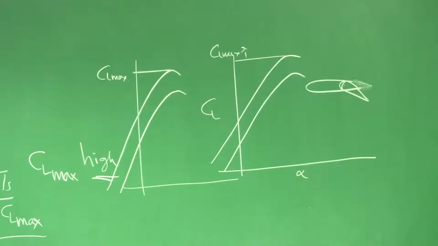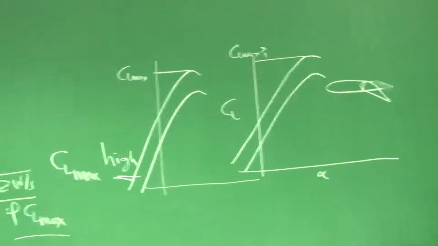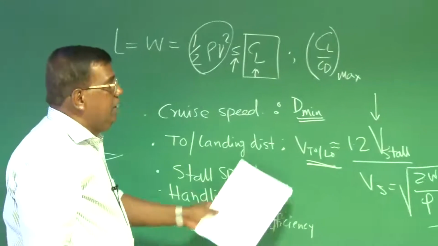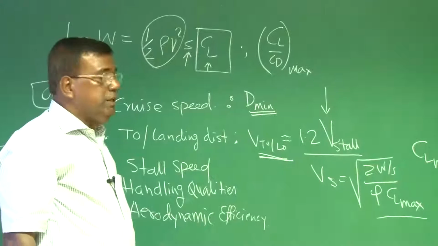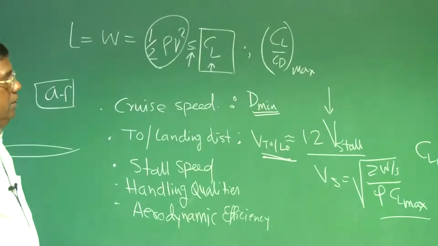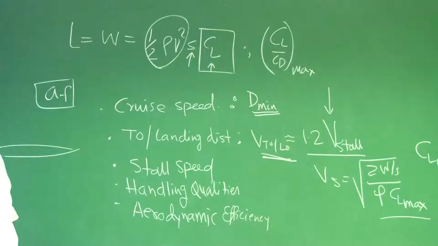That is why, when selecting an airfoil, I also keep in mind takeoff and landing distance, because if V takeoff and V landing speeds are less, then for a given thrust to weight ratio, the takeoff and landing distance will also be less, right?